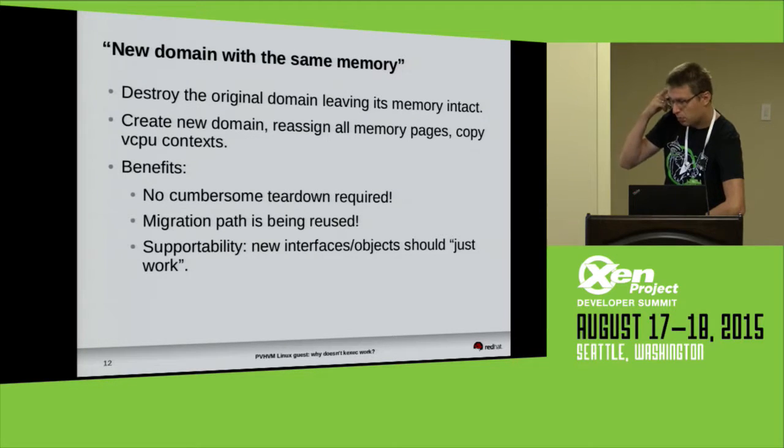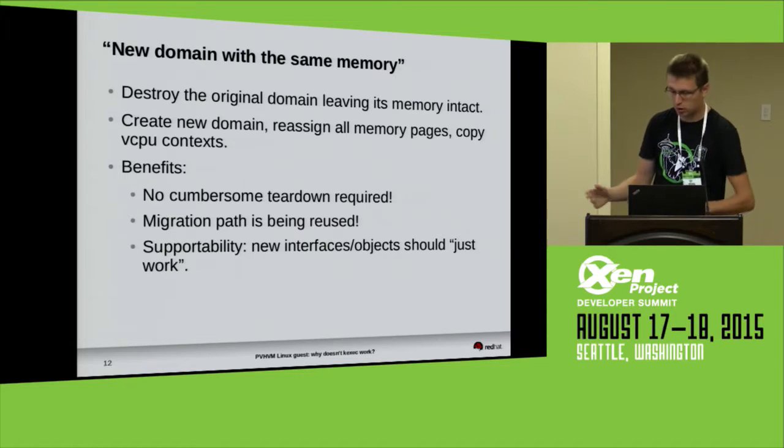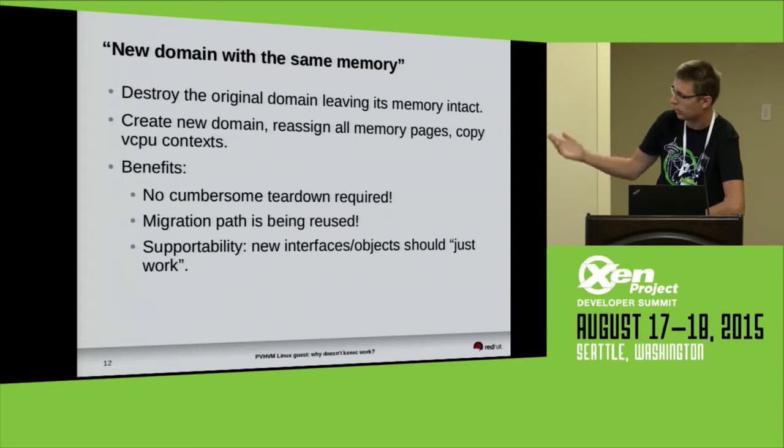So a new solution was suggested: what do we need to do this Kexec kdump? We only need our domain's memory, actually. So instead of trying to tear things down, let's just create a new domain and reassign all our memory to this domain. This approach has its own benefits. We don't need to take care of all the things.